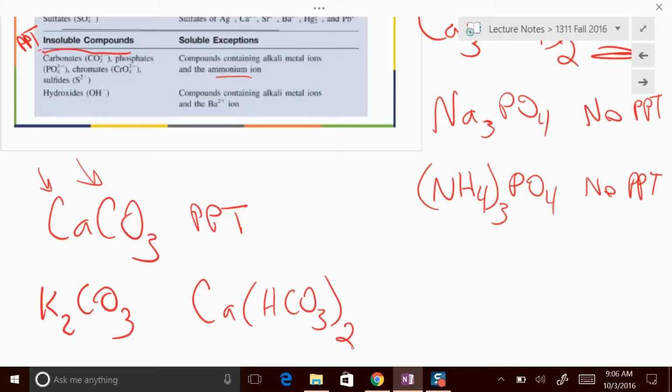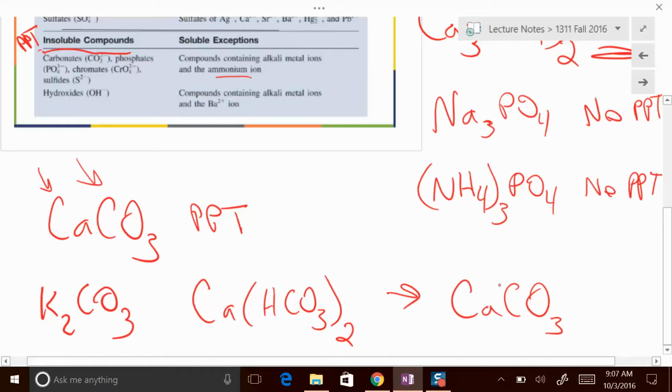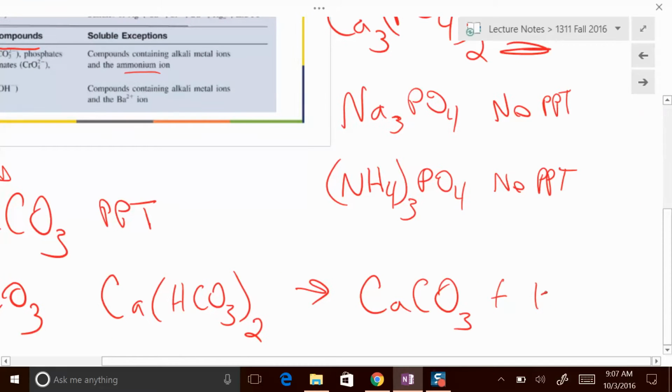So here I need calcium bicarbonate. And what is it going to form? It's going to form calcium carbonate plus potassium bicarbonate. Okay, and this will be my solid product. This is aqueous. This is aqueous.